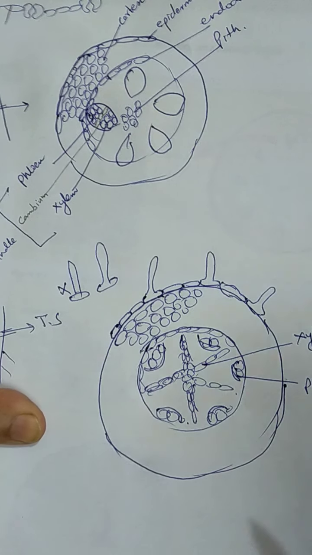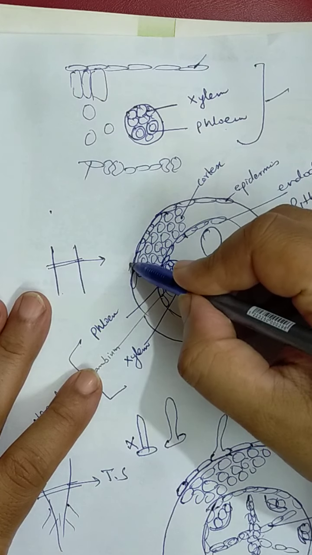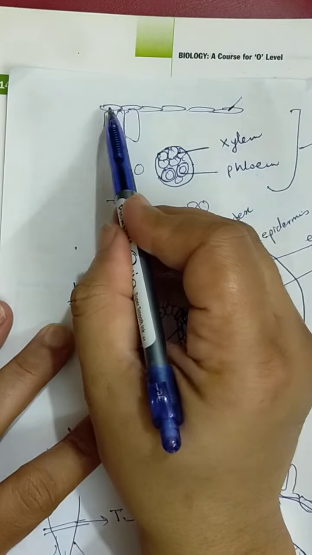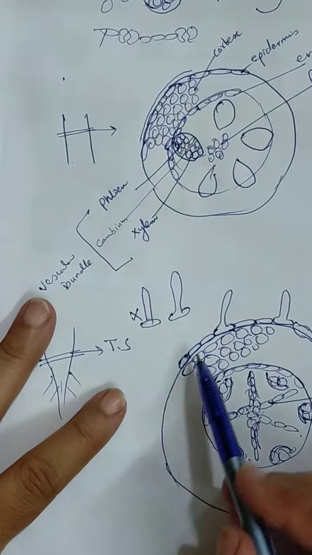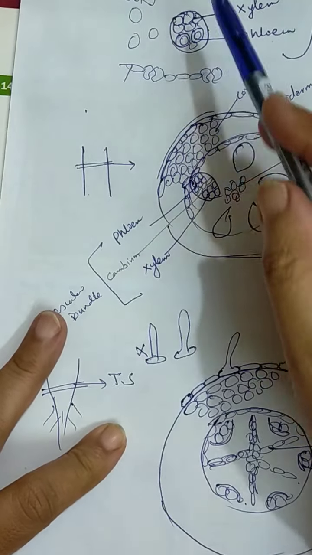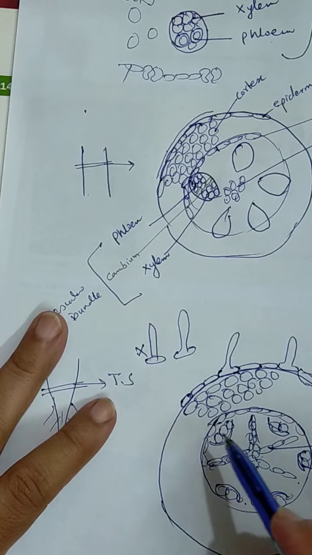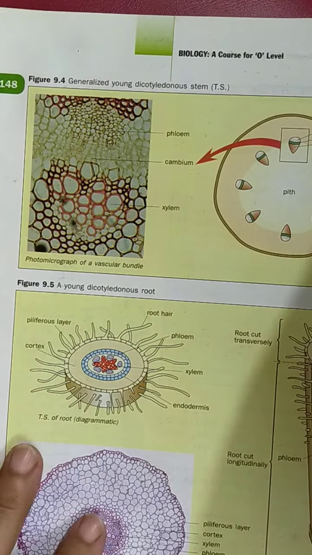Remember one more thing, in the case of stem, outside the epidermal layer a cuticle is present to prevent water loss, as it was in the leaf. But in the root there is no cuticle. Why? Because the root is present inside the soil, so there is no need to prevent water loss.